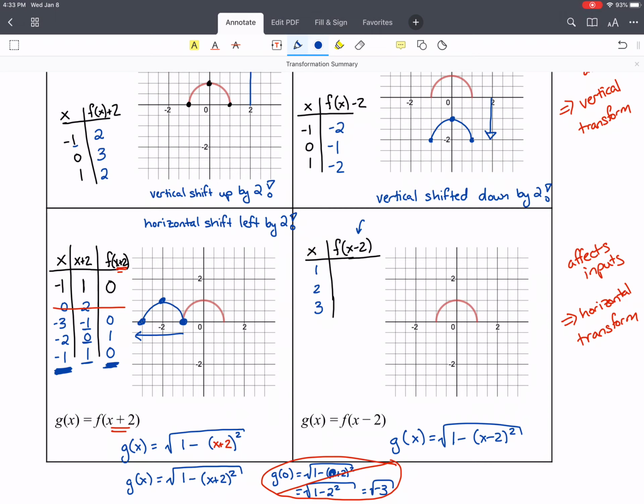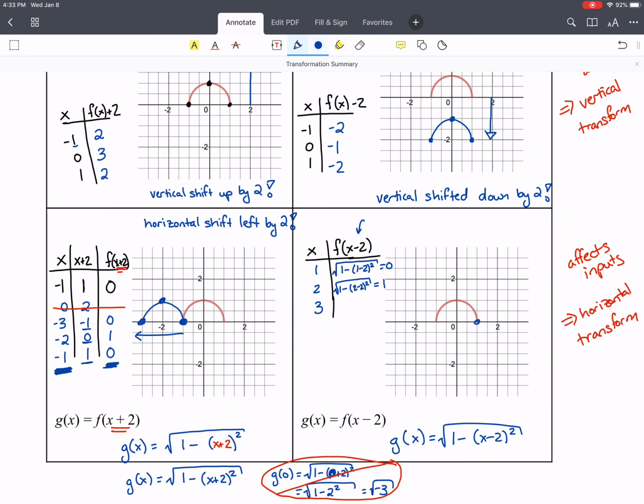So when I plug in 1, I get the square root of 1 minus 1 squared, which is 1 minus 1, or 0. And when I take the square root of 0, I still get 0. When I plug in 2, I get the square root of 1 minus 2 minus 2 squared, or 1 minus 0.